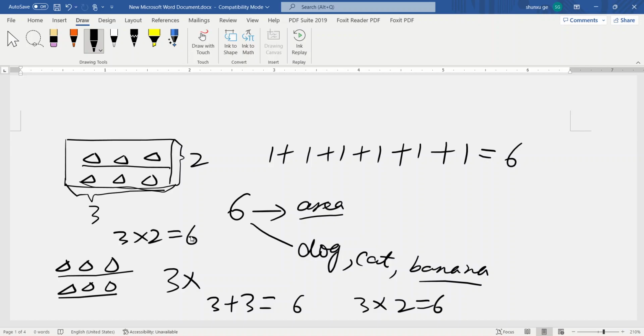This 6 is only a number, but we don't have a unit. We can write a length unit for 2 mile, 2 meter, 2 centimeter, but the same unit as the width. So they can be called 3 mile, 3 meter, or something. So this is the area.